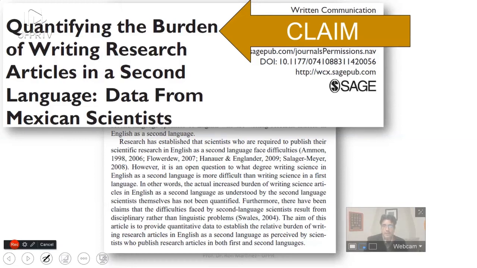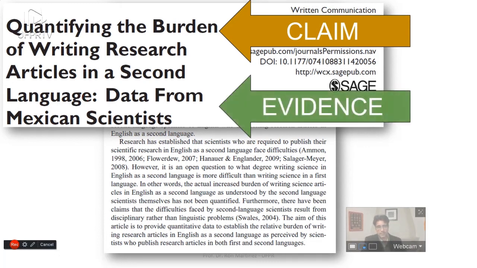And then after this colon here, they say this is how we know, because they collected data from Mexican scientists. That's the evidence. And back then, at the early part of our course, I talked about how this structure, claiming and evidence, or what's also called claiming and warranting, is a very strong way to build an argument.